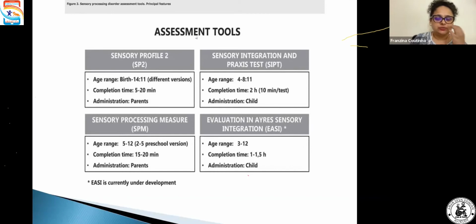I just use a sensory profile because I'm most familiar with it, and I trained with Winnie Dunn when I had started my PhD. So I'm more familiar with it than the sensory processing measure. They have two versions of this, and the final one is the Evaluation in Ayres Sensory Integration, which is supposed to be more fun and better adapted for most environments, with very little equipment required. And it takes about an hour and a half typically.